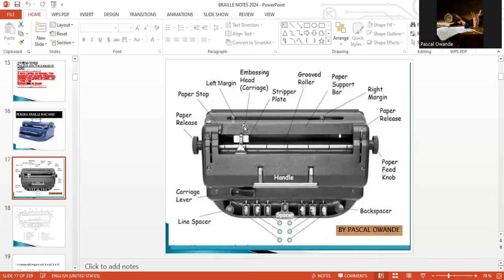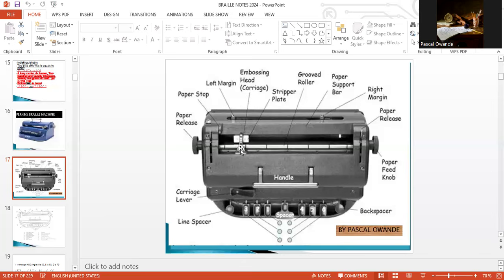We also have the embossing head of the carriage. The carriage carries the embossing head. The embossing head has sharp tips that are able to emboss the raised dots that persons with visual impairments are able to touch and recognize through the sense of touch for communication purposes.